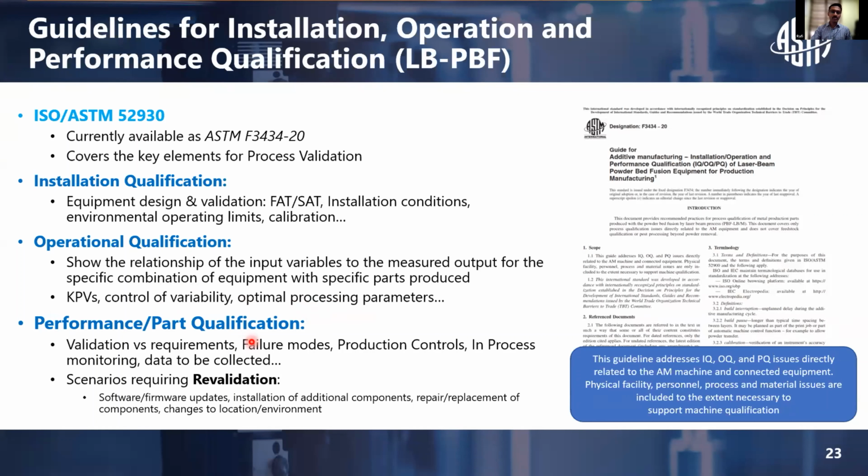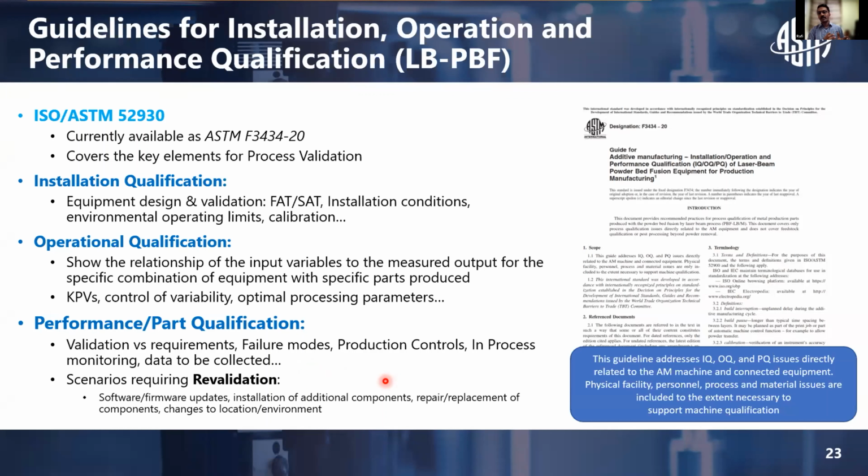And finally, it comes to your performance or part qualification. There you are doing your validation against the requirements of the part. So once you print the part, you have to make sure that the characteristics of the part meet the requirements. In order to make sure that the part or the process is qualified for its performance, you have to have production controls in place.